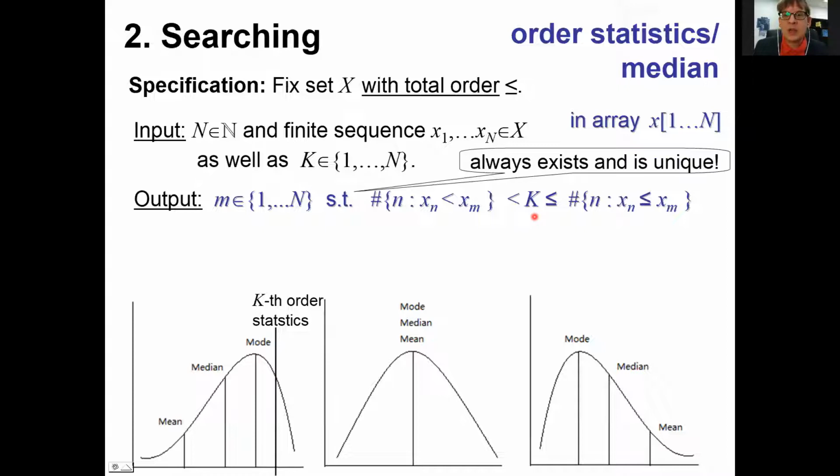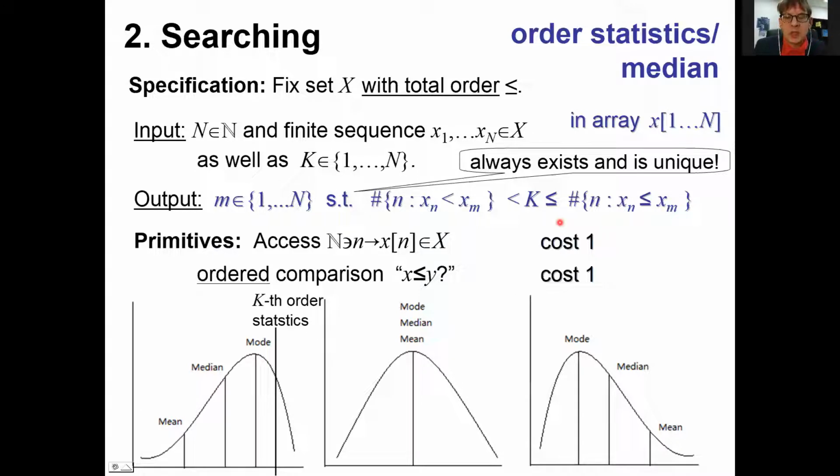And I would like to have you verify that such an element, such an index m, indeed always exists and it's unique, because that's the reason why we spend so much effort on this subtle and complicated specification for the kth order statistic problem. So now the problem is well specified, and which operations we're going to use is straightforward. We use, as usual, indirect access into the array at unit cost, and we use ordered comparison. So that's the problem specification.